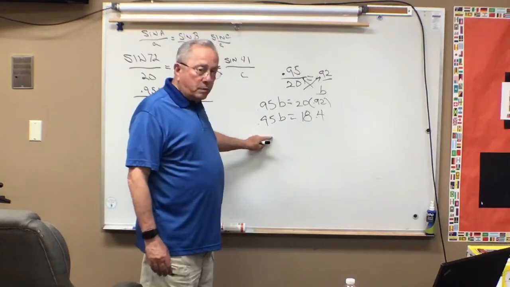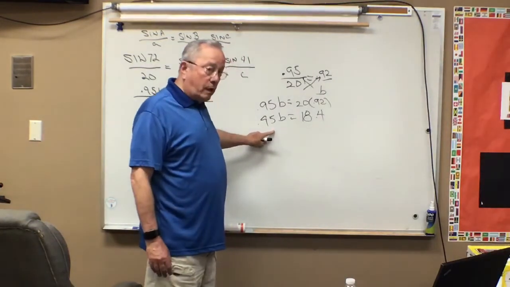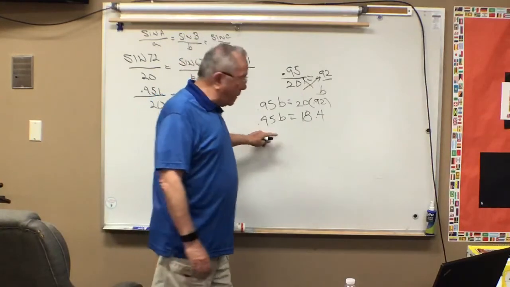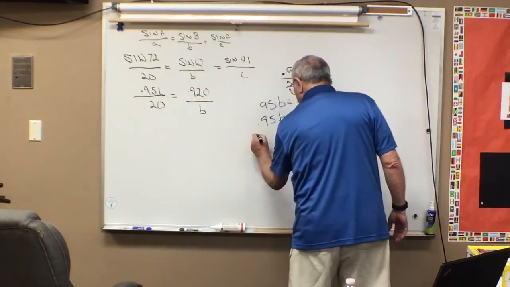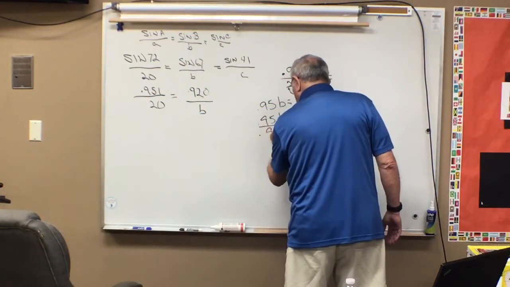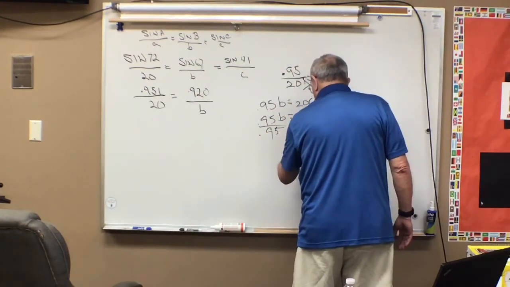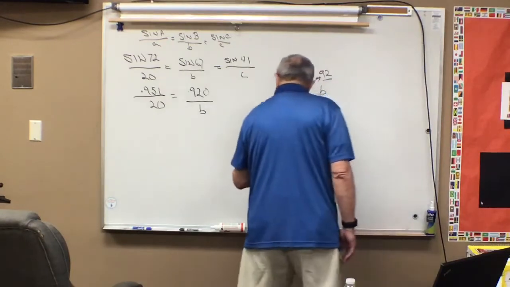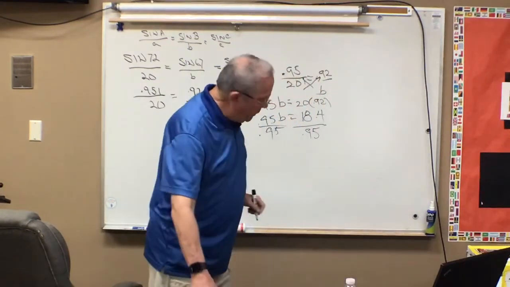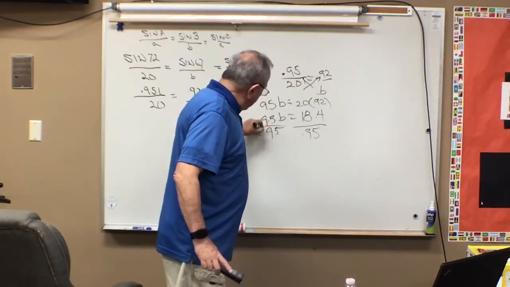Since this is a multiplication, I need to divide both sides by 0.95. All right, so I divide this by 0.95, I have to divide this by what? By 0.95. Sorry for the handwriting. So this crosses out, doesn't it?